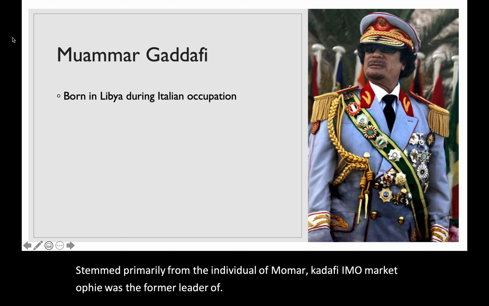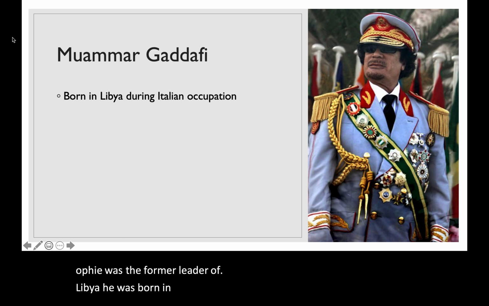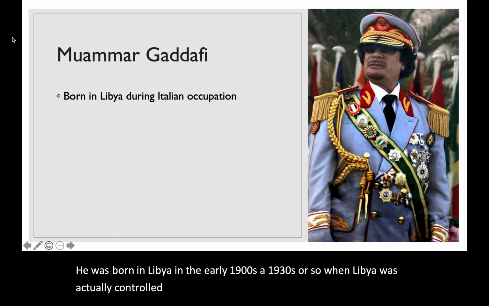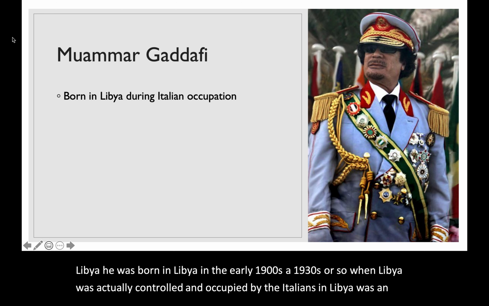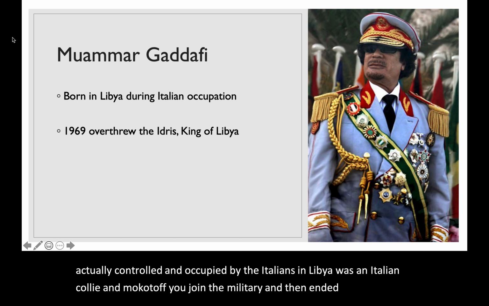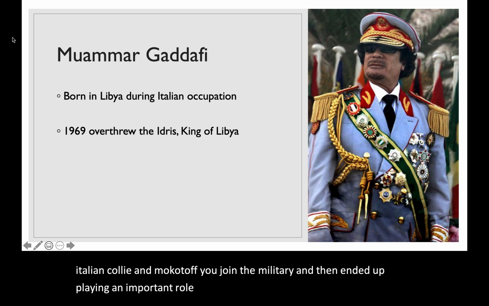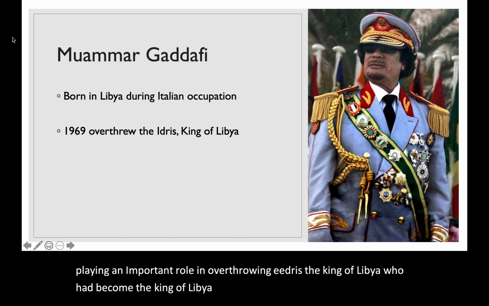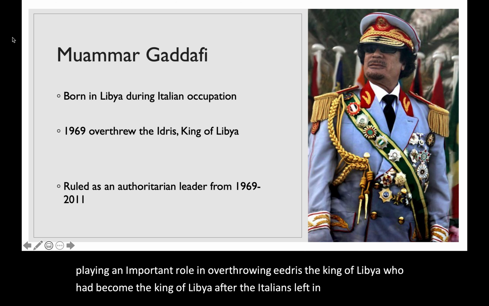He was born in Libya in the 1930s or so, when Libya was an Italian colony. He joined the military and then played an important role in overthrowing Idris, the king of Libya, who had become king after the Italians left and they had gained their independence.